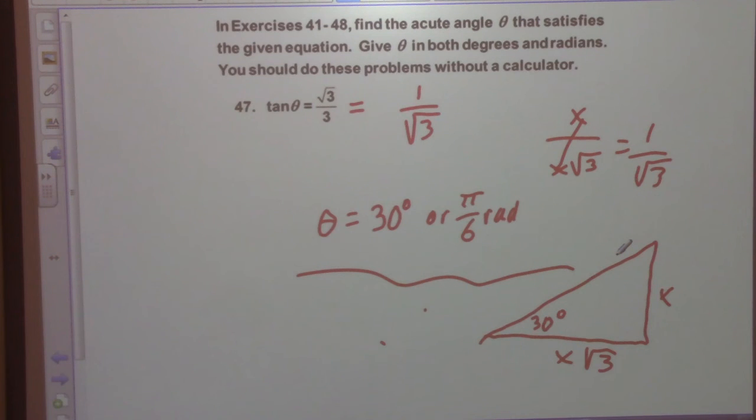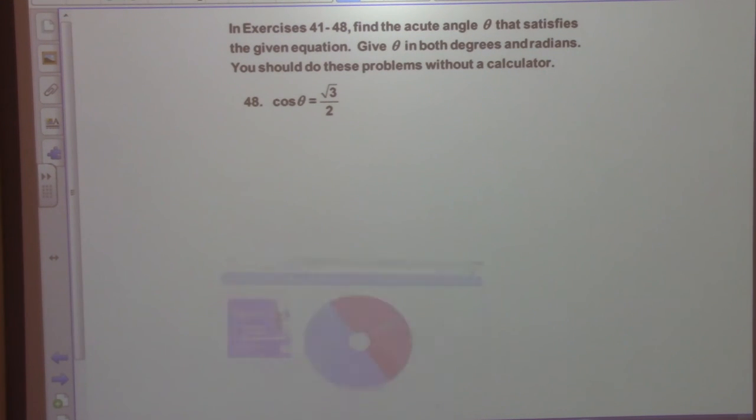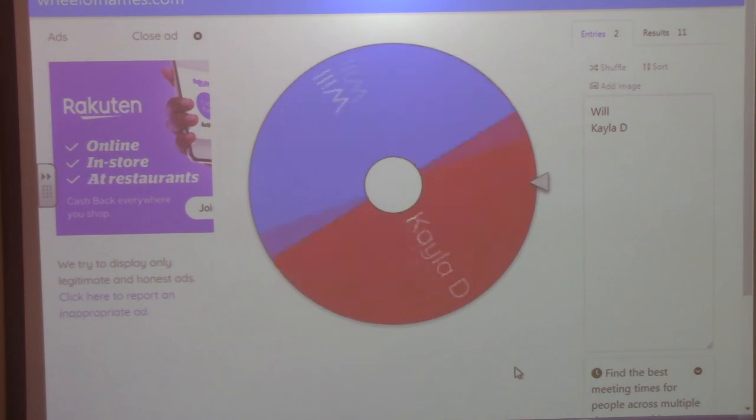Okay, and we have number, this one here shouldn't be as hard as some of the other ones we looked at recently.